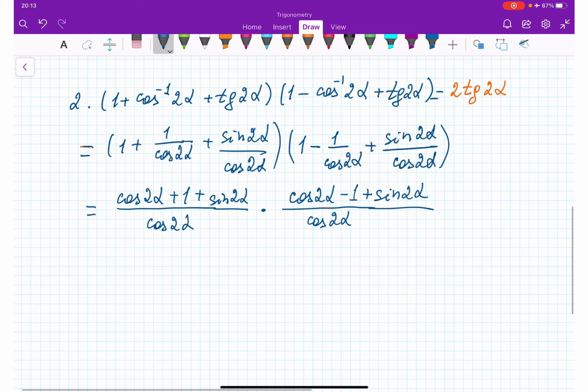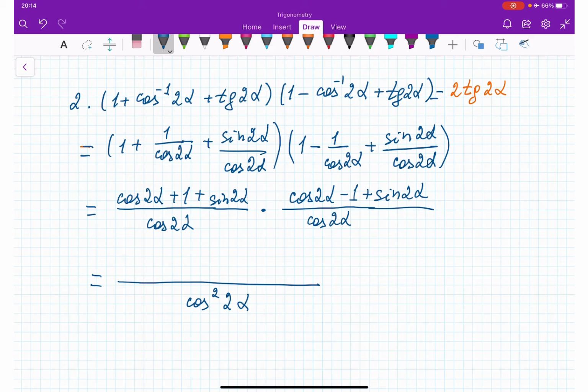Okay, next, when we multiply, we are going to get cosine squared alpha in the denominator, because cosine alpha times cosine alpha gives cosine squared alpha.